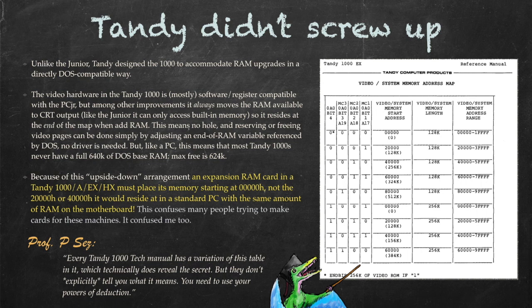You put it before the original 128K. At startup, none of the memory inside of your unexpanded Tandy 1000 is actually in the normal DOS area. It actually all lives up in the video area.